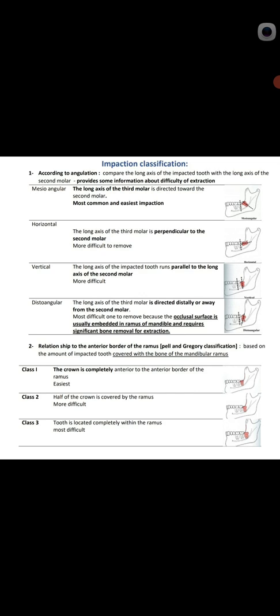Class 1: the crown is completely anterior to the anterior border of the ramus, and it is the easiest one.